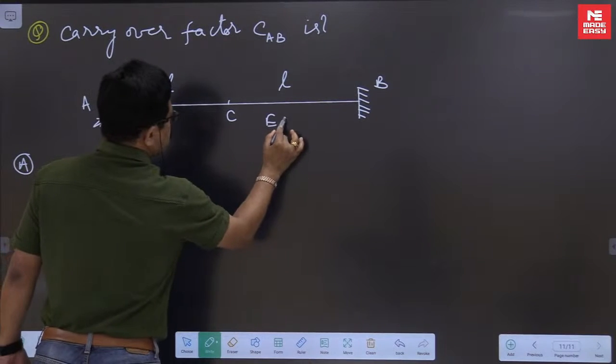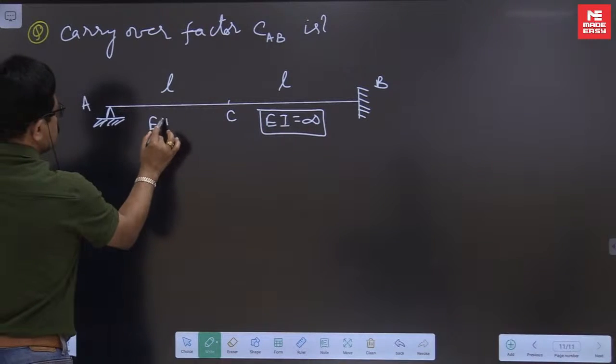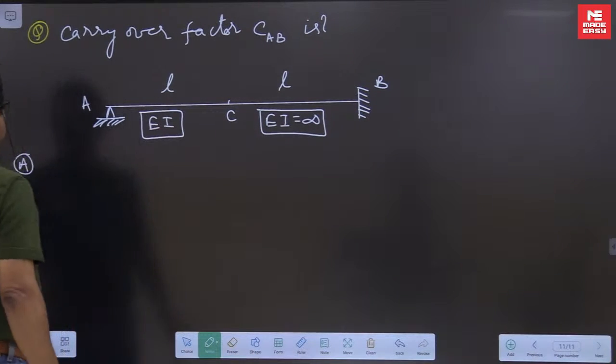The flexural rigidity value you can take as infinity here, and EI as is, directly.